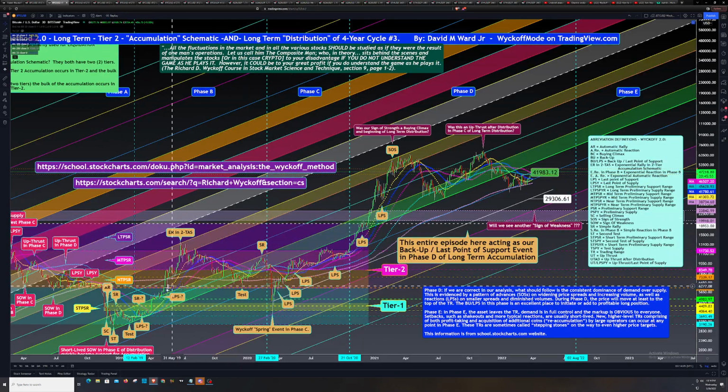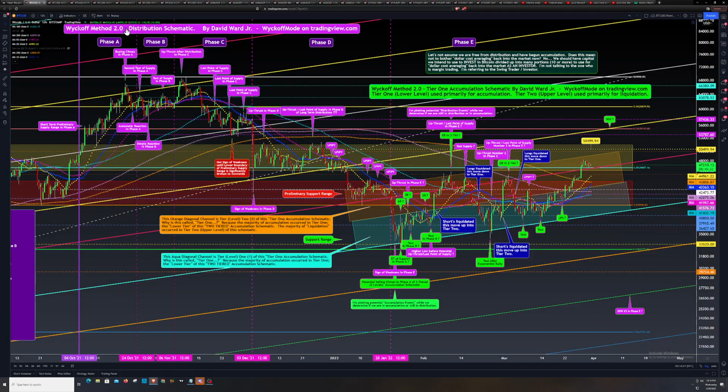The majority of our accumulation occurred in this upper tier. The lower tier diagonally was mostly used for liquidation. We didn't stay down in that very long. We spent more time in the upper tier if you looked at it diagonally, and also if you looked at it horizontally. Either way. All right, let's go and get rid of that.